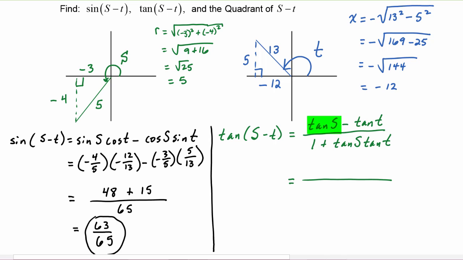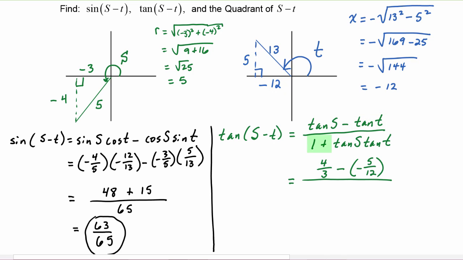The tangent of S is going to be the y value divided by the x value. Negative 4 over negative 3 is positive 4/3, minus the tangent of T, which is going to be its y value over its x value, so negative 5 over 12.